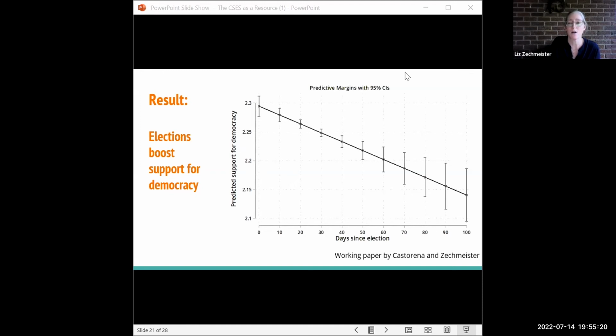It's not earth-shatteringly large in reality, but it is significant, that decrease that we see as we look out beyond the election as time goes by. So we are going to infer from that that what elections have done is temporarily boosted support for democracy, and then we see a decay. So this is just an example of the type of research that you can conduct using CSES data.